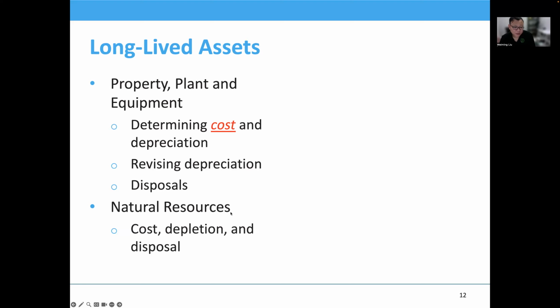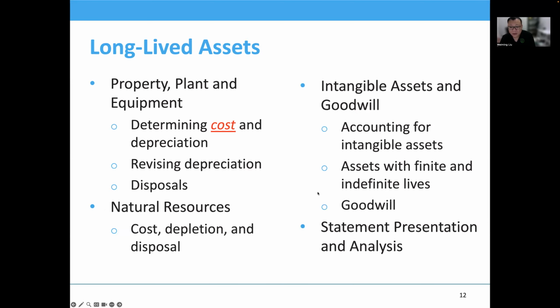And then for natural resources, we're going to focus on the cost of depletion. Depletion is kind of the counterpart of depreciation, okay? And then the intangible assets and goodwill. We're going to learn how to make the accounting journal entries for intangible assets. Some assets have a limited number of years of useful life.